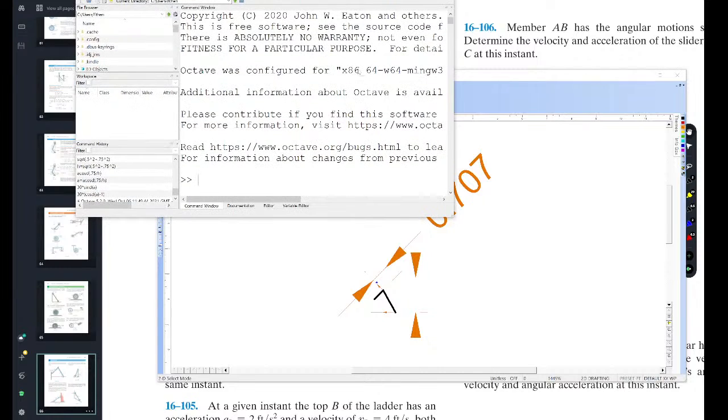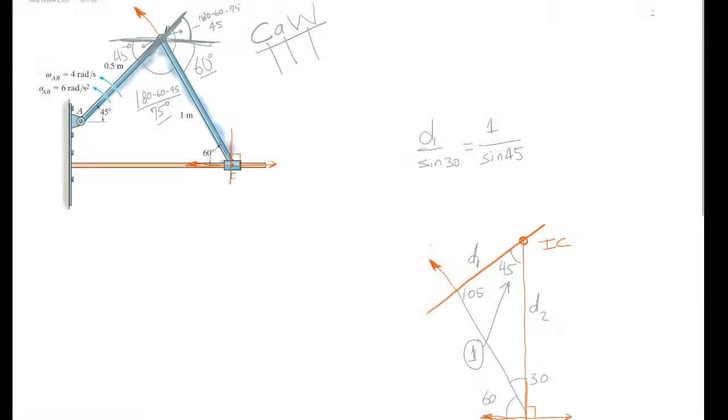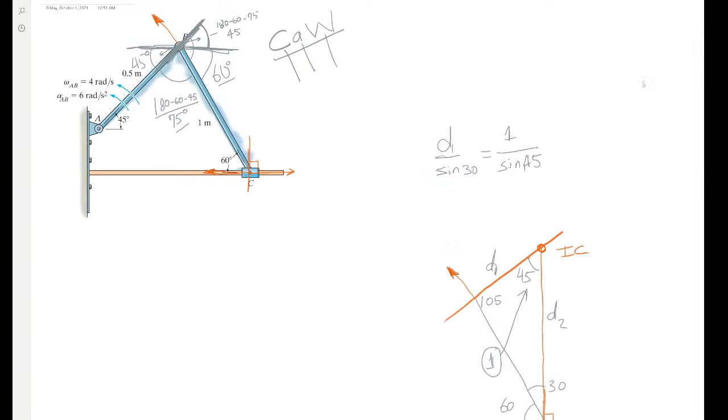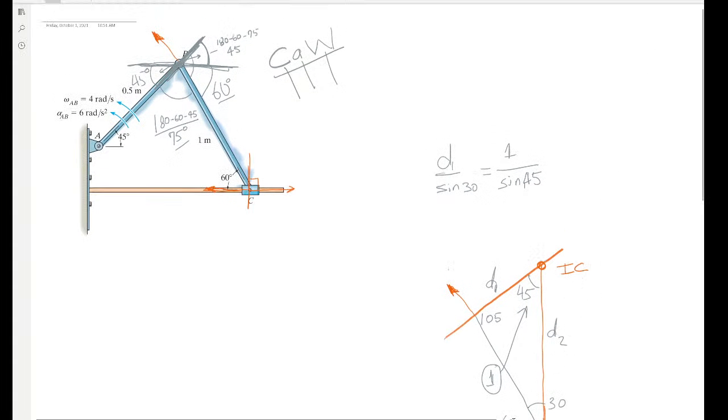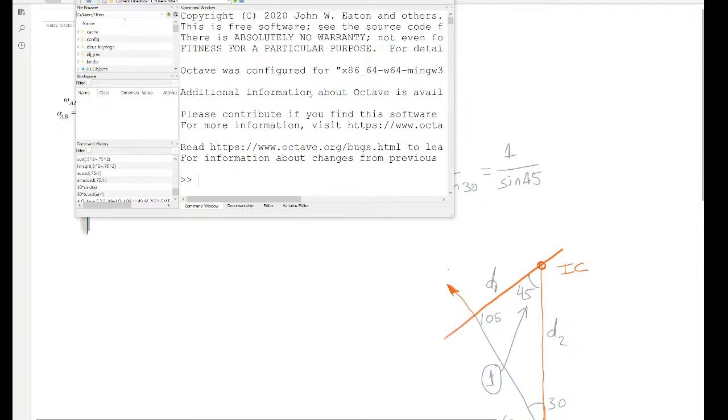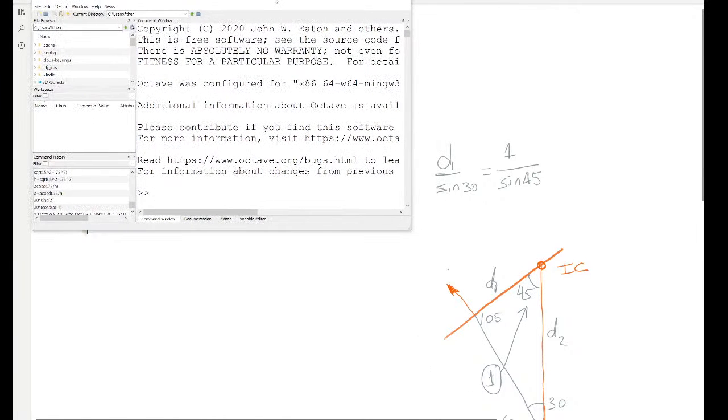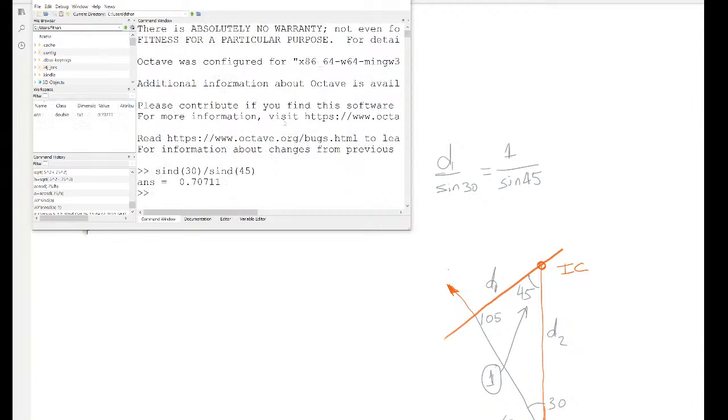So let's slide back to here. Now this is forced into a full screen mode, so I'm going to have to drop it out in order for Octave to sit on top of it. And so sine of 30 degrees divided by sine of 45 degrees, and there's a 1 in there.